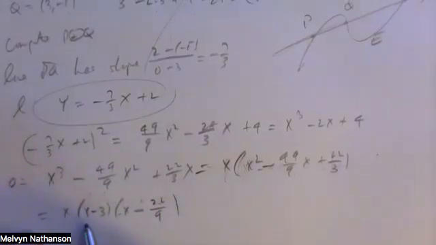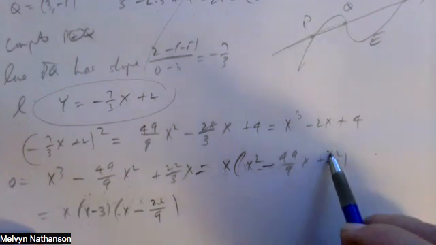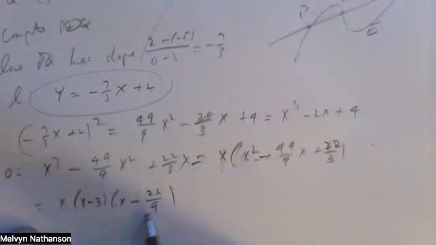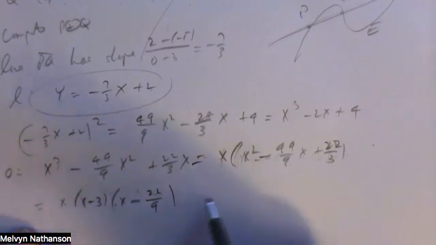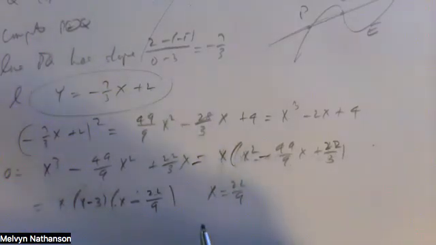So let me just check. x squared, plus 22 over 3, and this is 22 over 9, and this is correct. Okay, so the third solution of this equation is x equals 22 over 9.